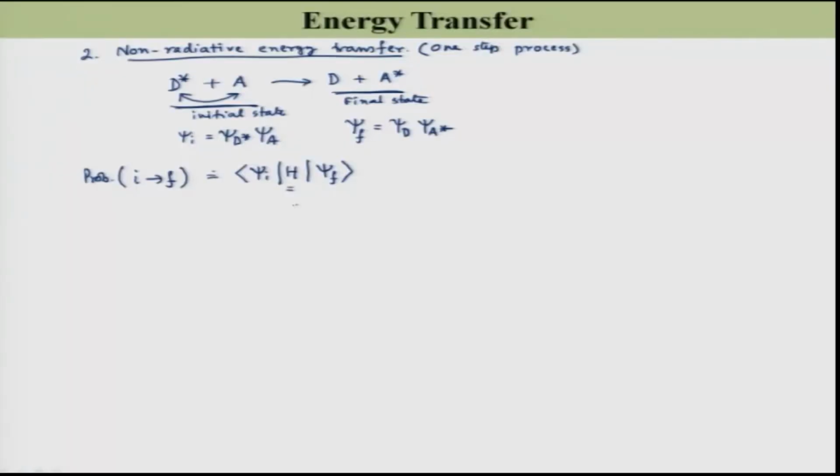Here H is Coulombic interaction, and in this case I will simply write this as H C, right, Coulombic type of interaction.